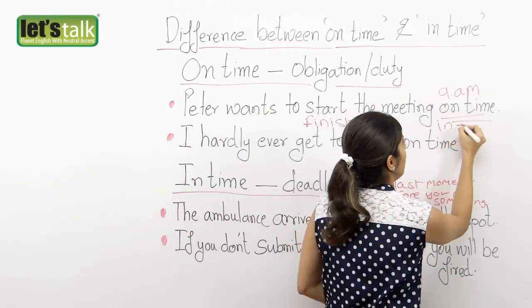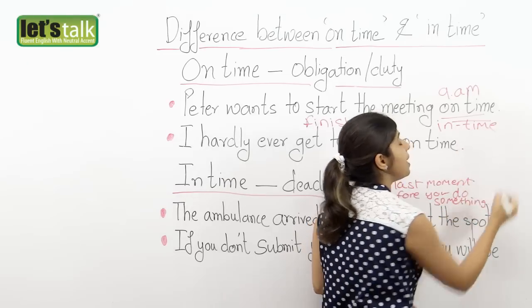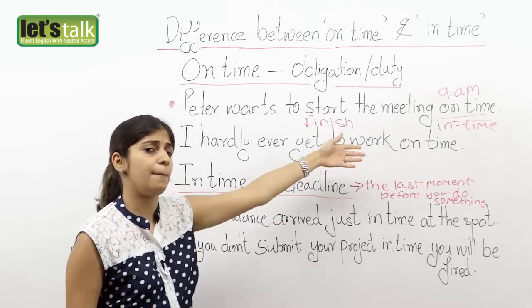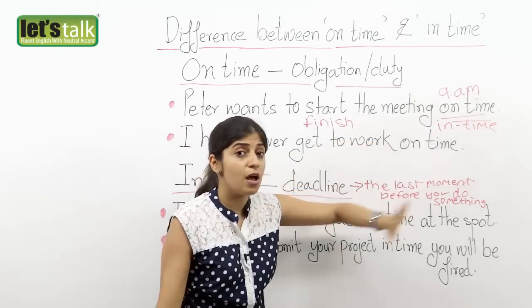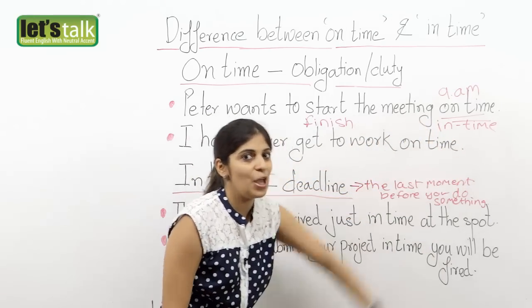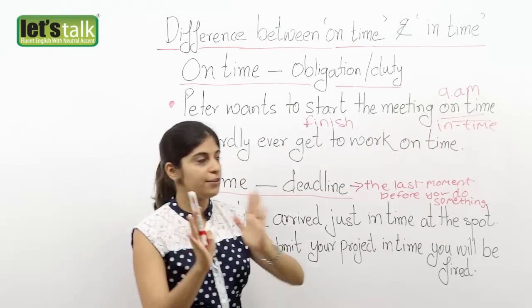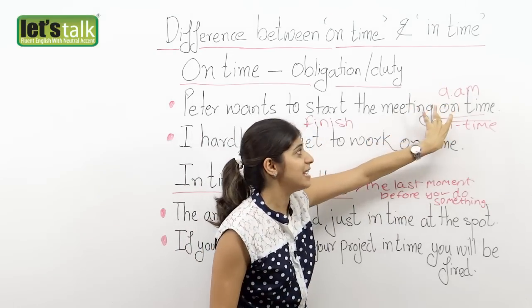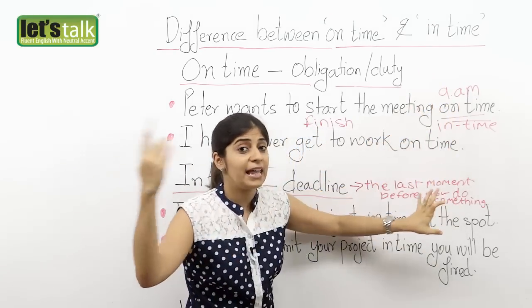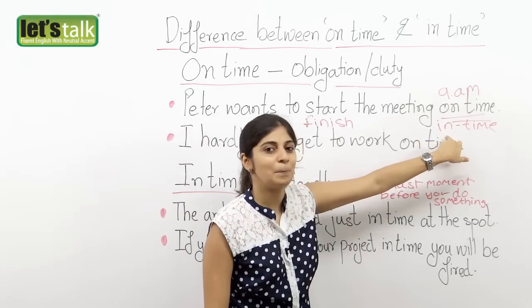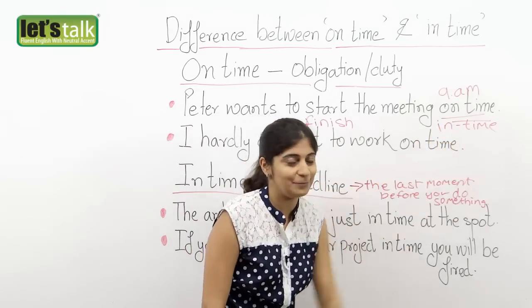So maybe he has another meeting lined up at 10:30, so he really wants to get done with this meeting in time. So I hope you got the difference, okay? On time is the fixed time and in time is before the deadline. So he has another meeting to attend, so in time is before the deadline.